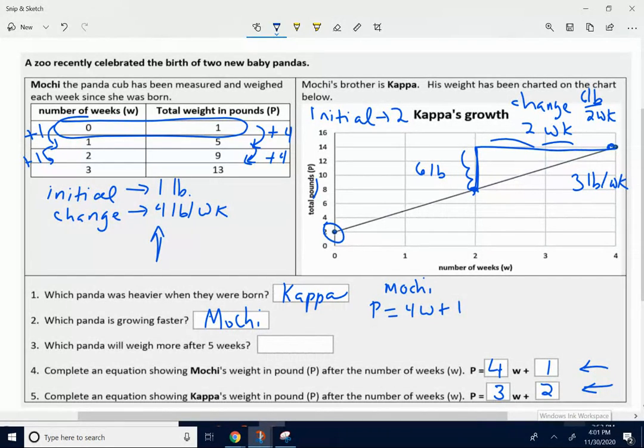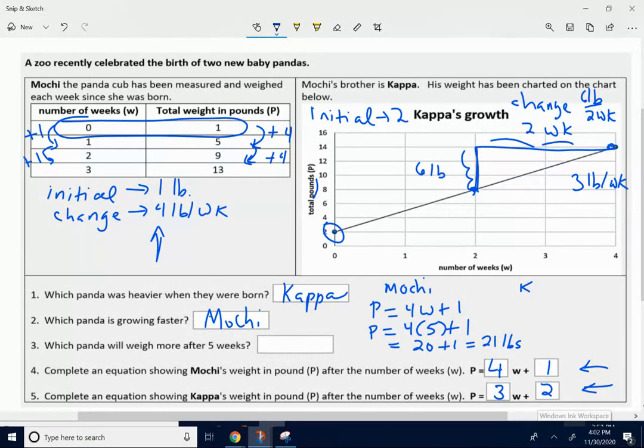So if I want to know Moki's pounds at 5 weeks, I'm just going to replace W with 5. So Moki is going to be 4 times 5 plus 1 pounds. Just be sure to multiply first. So Moki is going to be 21 pounds after 5 weeks.